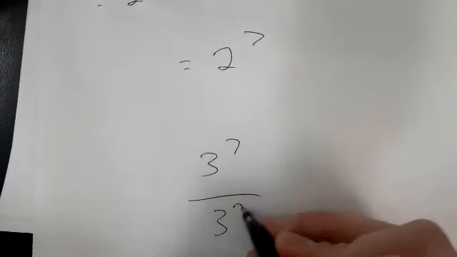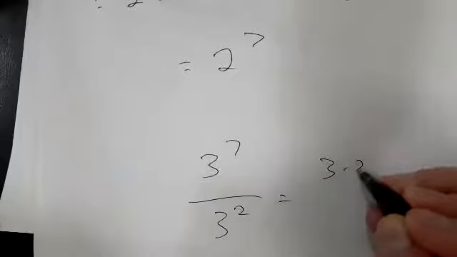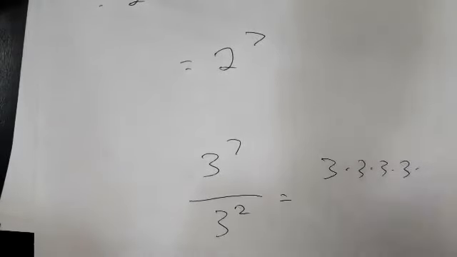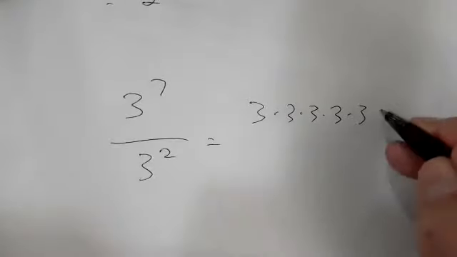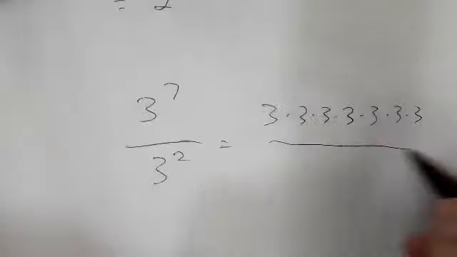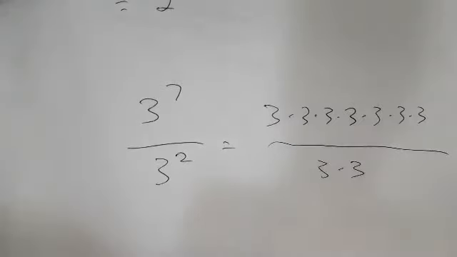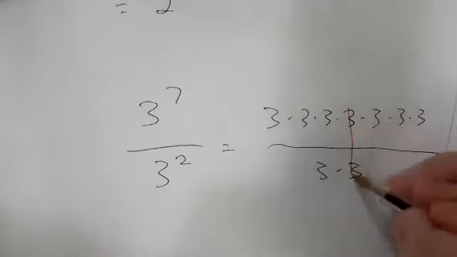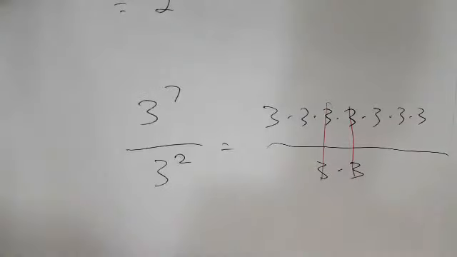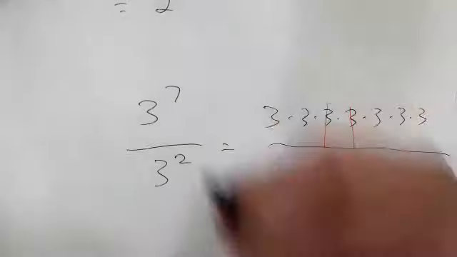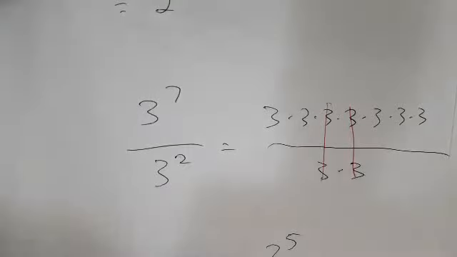Same thing with 3 squared. If I write 3 to the 7th, and then I write 3 twice below, there's this thing I really like to do called simplifying. You might notice what we're essentially doing is 7 minus 2, so we're going to have 3 to the 5th on top.